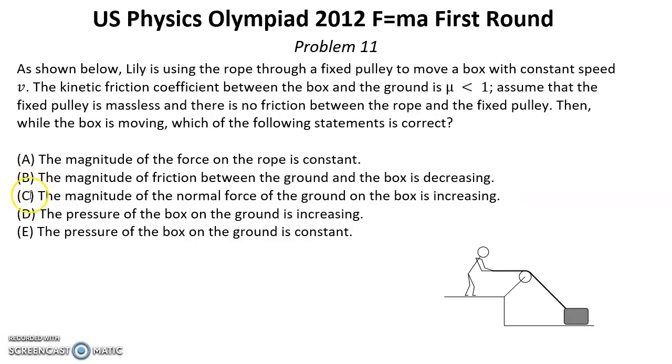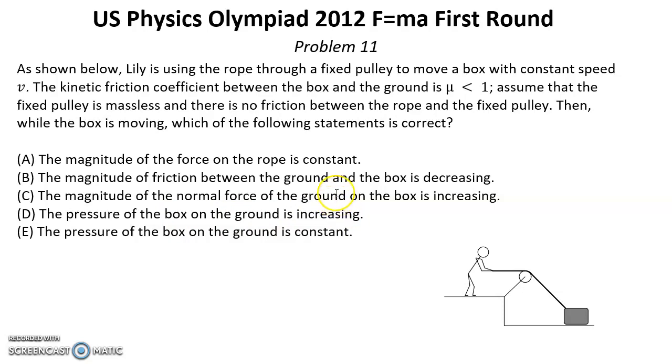Answer C. The magnitude of the normal force of the ground on the box is increasing. This is obviously not true, because initially this magnitude is almost mg, and finally it's almost 0. D. The pressure of the box on the ground is increasing.